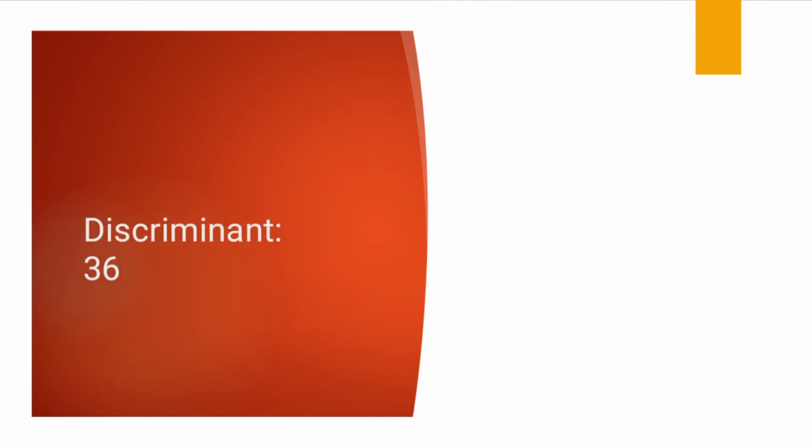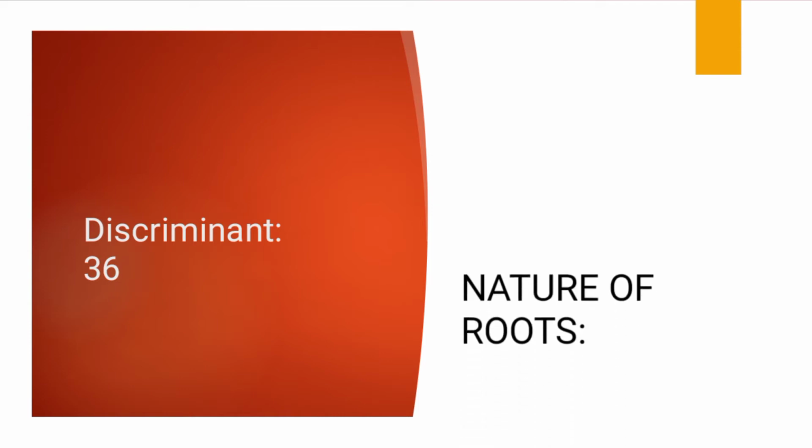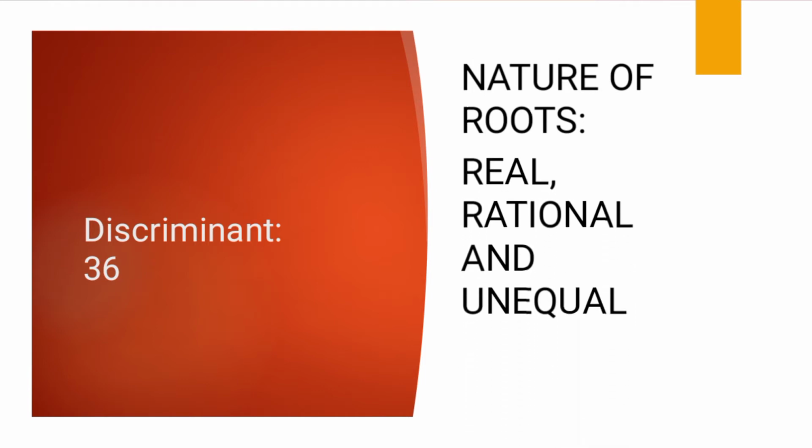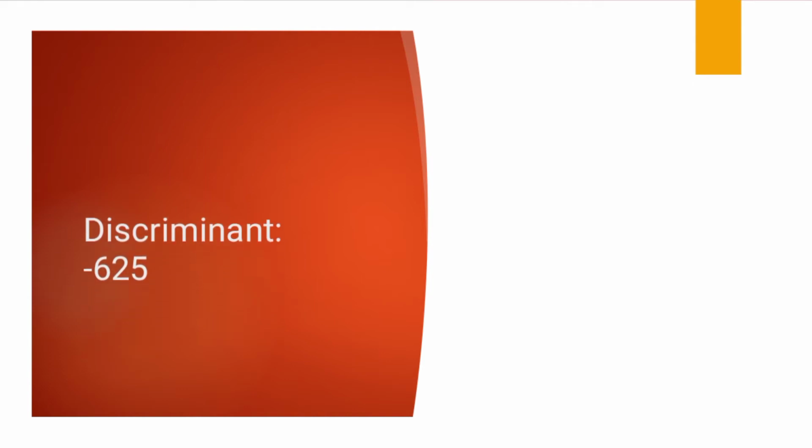the discriminant is 36. So ang 36, positive siya. And perfect square siya. So therefore, ang nature of roots niya ay real, rational, and unequal. Next example, the discriminant is negative 625.